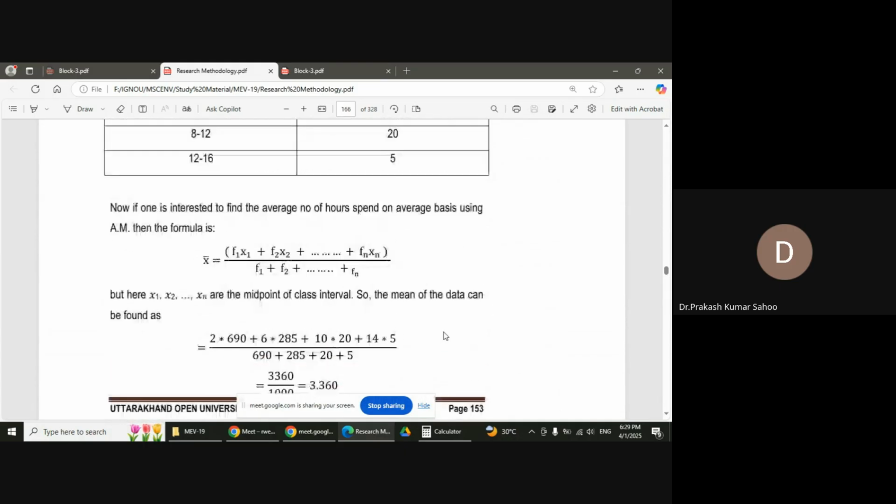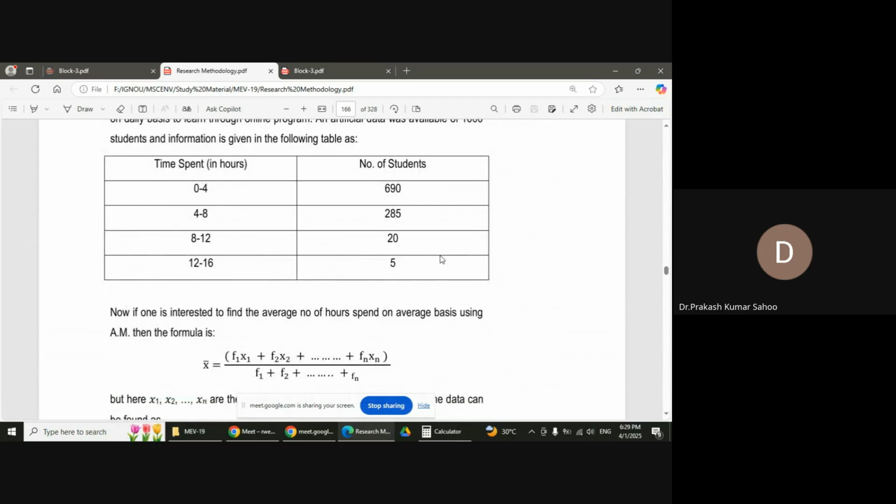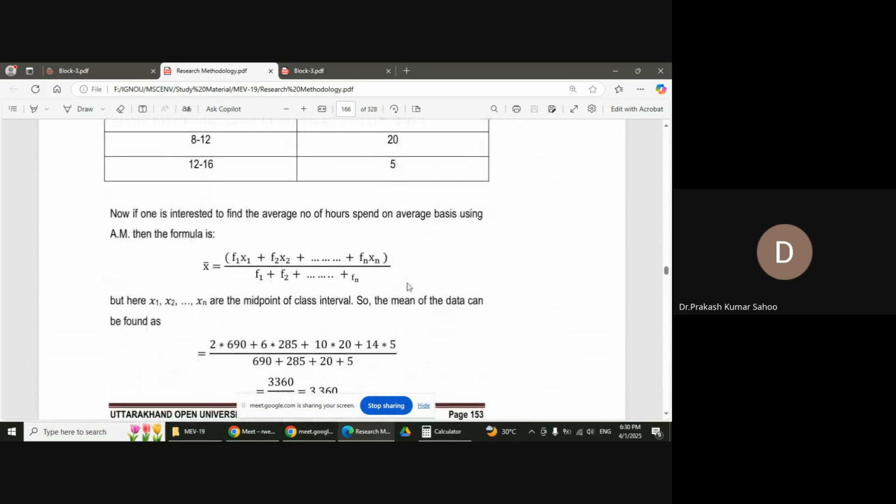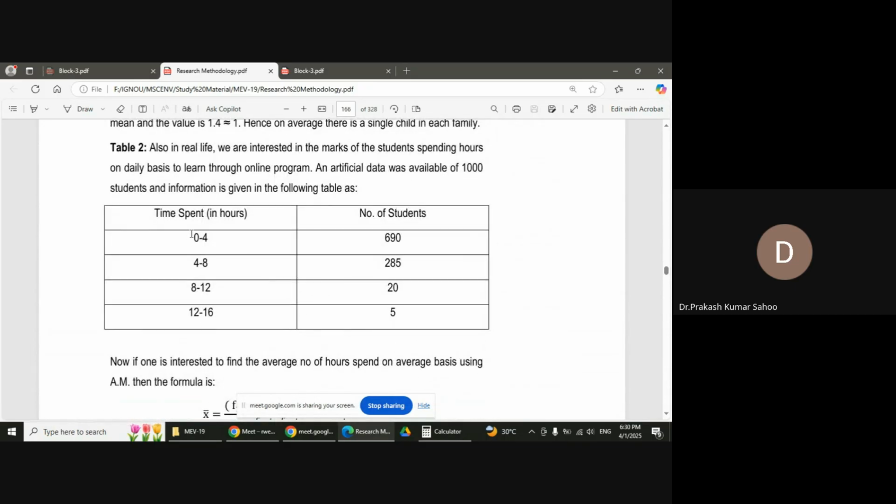If I calculate, see here, the frequency is 690. Sorry, the frequency is for the class 0 to 4. So the mid point from 0 to 4 will be 2. For 4 to 8, the middle point will be 6. For 8 to 12, it is 10. For 12 to 16, it is 14. That is, 0 to 4, 2 into 690.